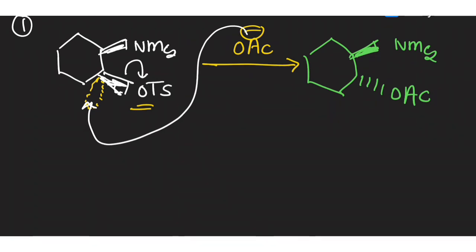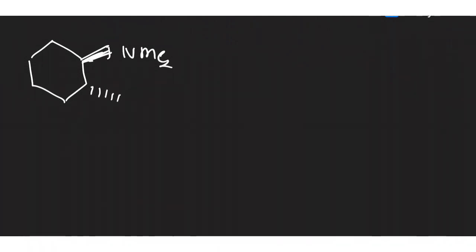Okay, now moving on to the second molecule. This is your NMe2 above the plane. Now the twist is that the leaving group is below the plane. If the leaving group is below the plane, the sigma star anti-bonding orbital will be above the plane.